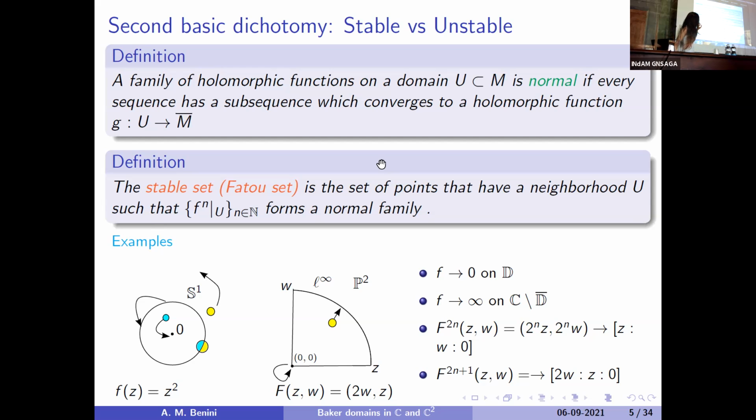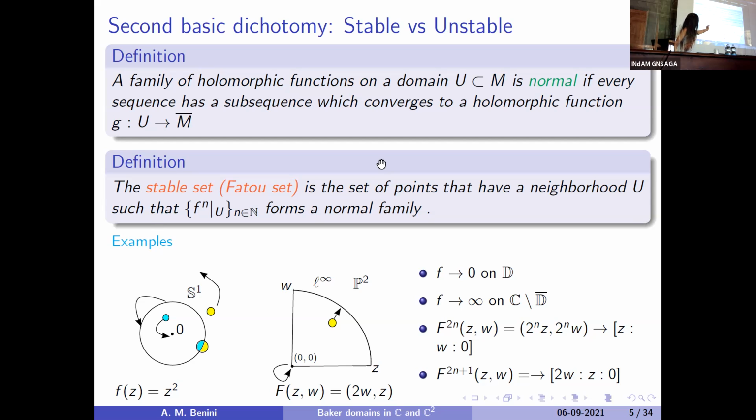So this function will squeeze all of your C2 minus the origin towards the line of infinity, and the image will be open. Your limit function will be a function whose image is in this line of infinity, because we always converge to a boundary. As we said, they are all escaping points.